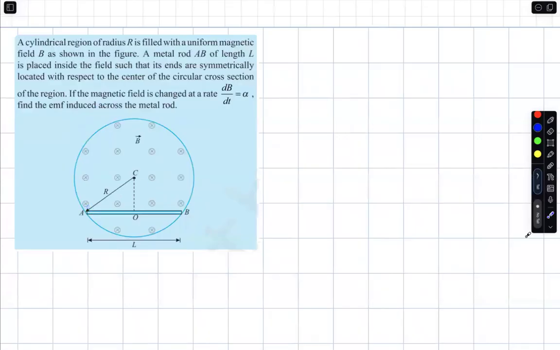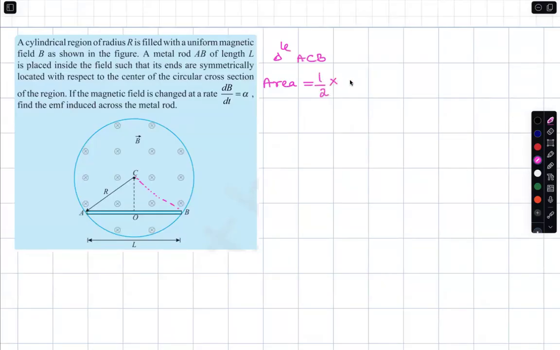Now you can see triangle ACB. What is the area of this triangle?